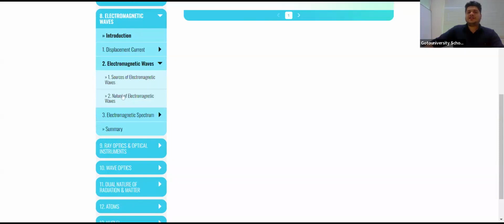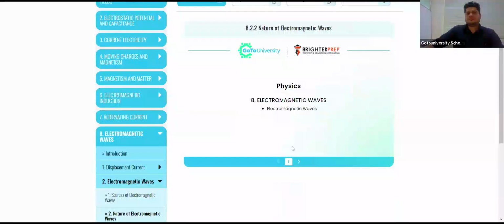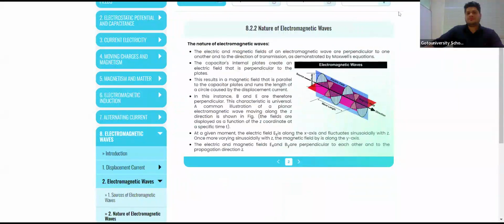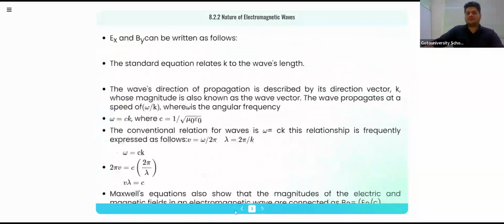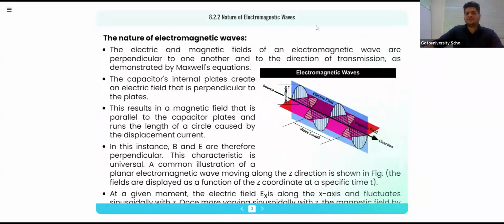Next is the nature of electromagnetic wave. I already explained this diagram to you. What is there in this diagram? In this diagram, you have the direction of propagation of particle.